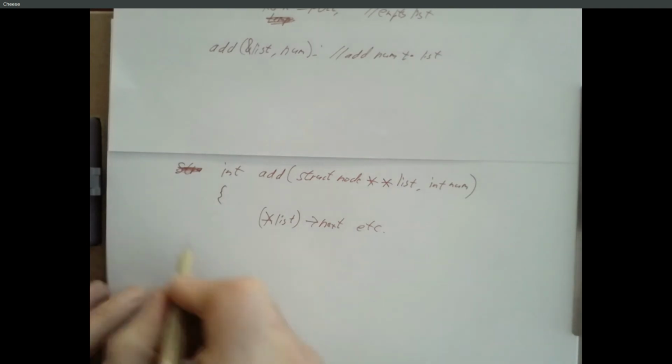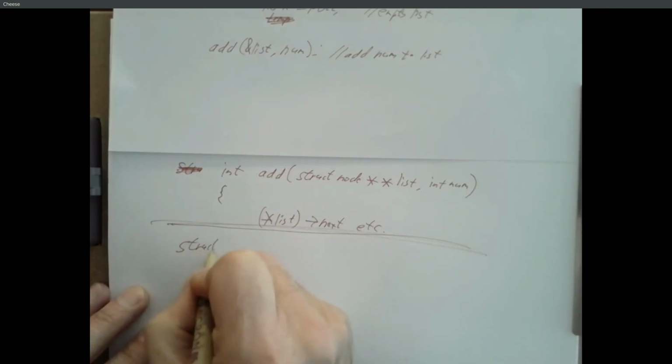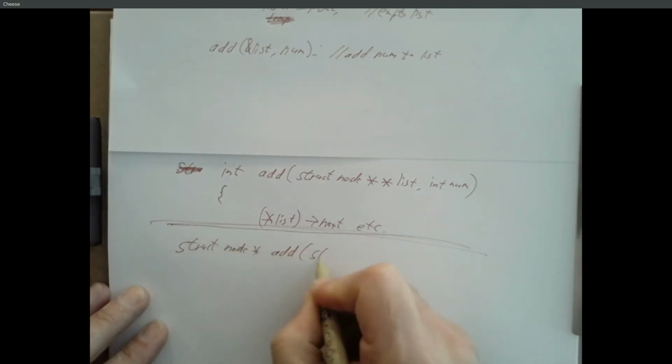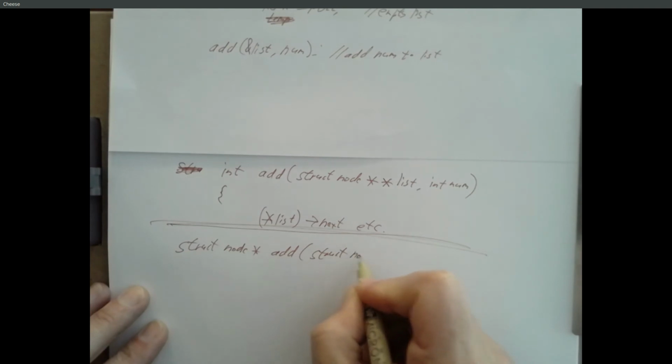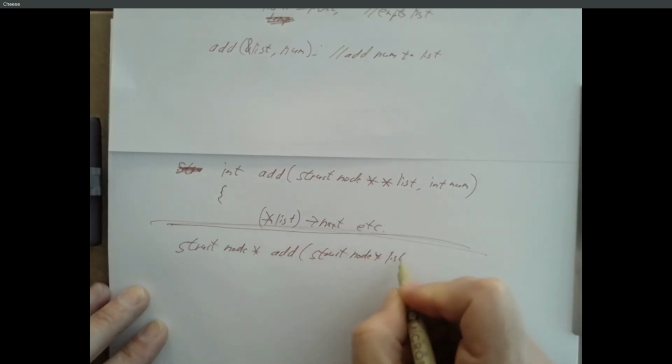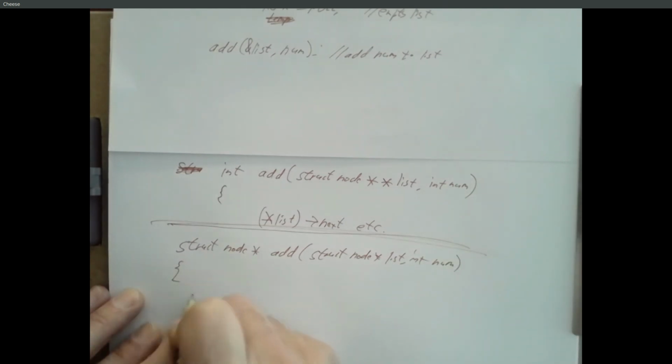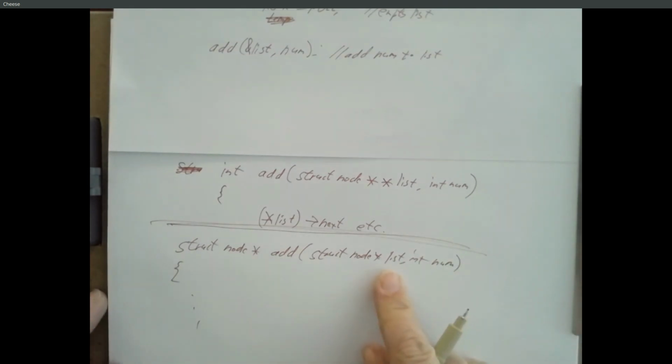Now, an alternative is just have add return a struct node star. Pass it a struct node star. So now we're just getting our plain old list variable.